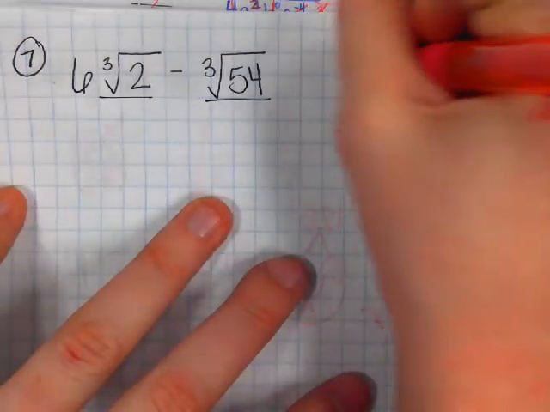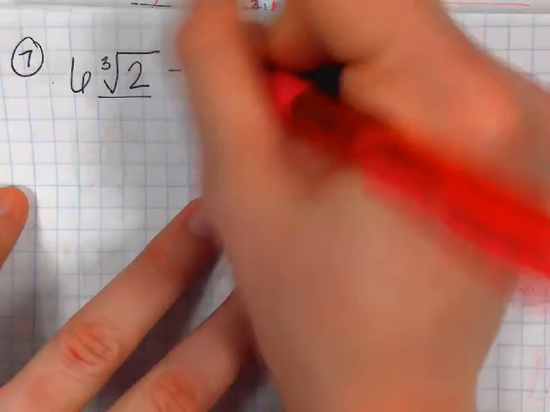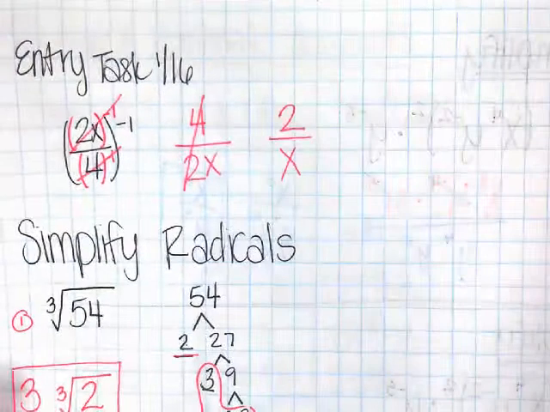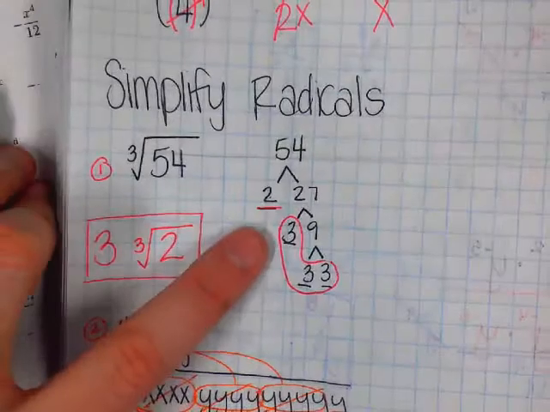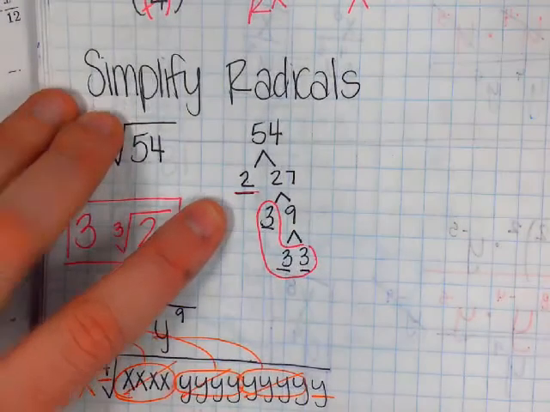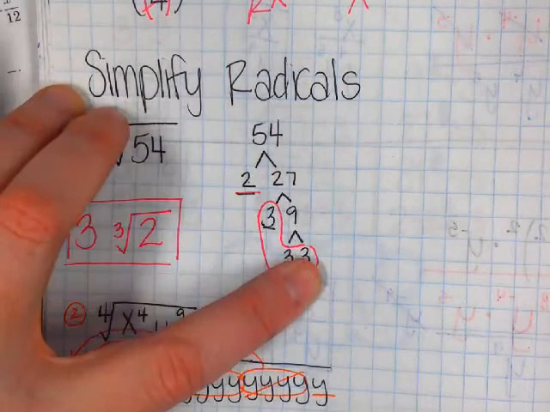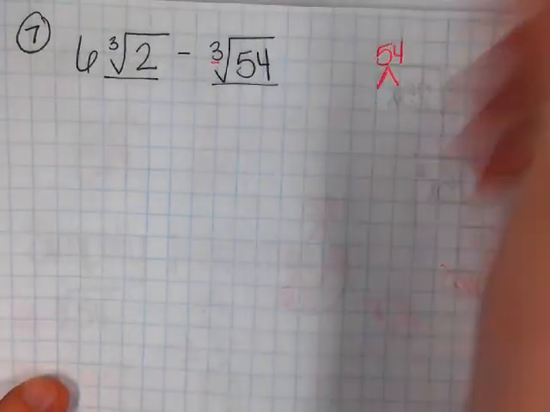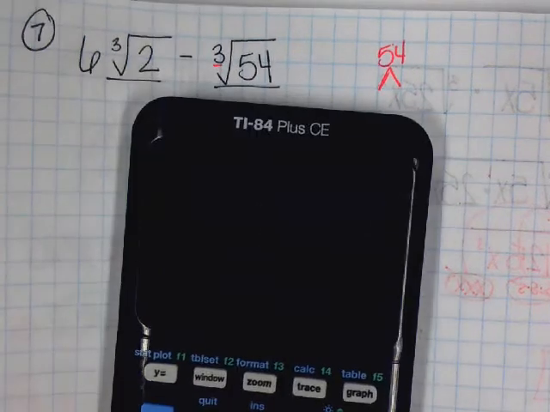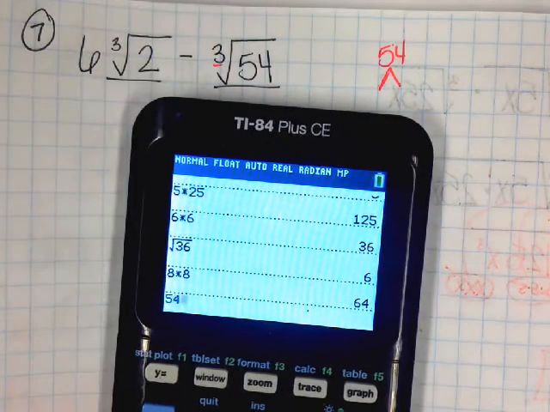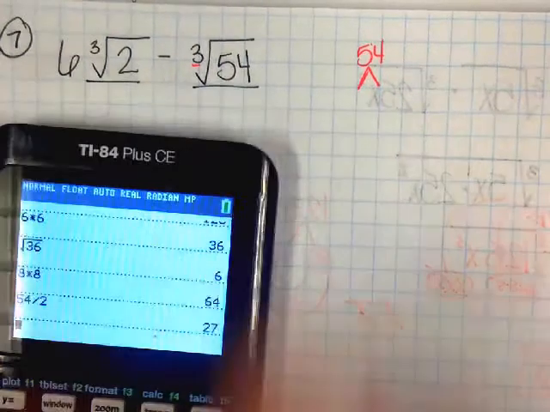Well, 2 can't reduce, so let's try the 54. We might have already done 54. Oh yeah, we did right there. So don't make more work for yourself. If you find that I've already done the factor tree for one of them, then go ahead and write it out. But I'm going to do it again just for more practice.